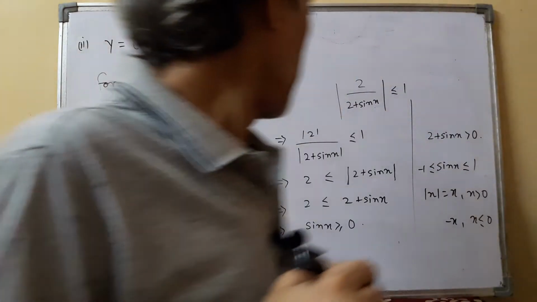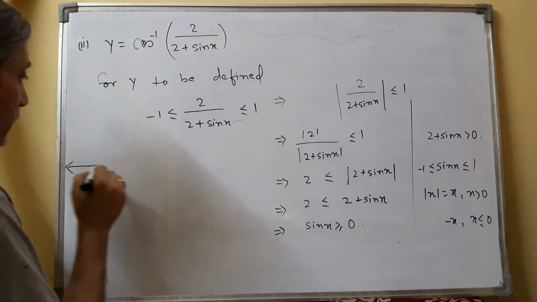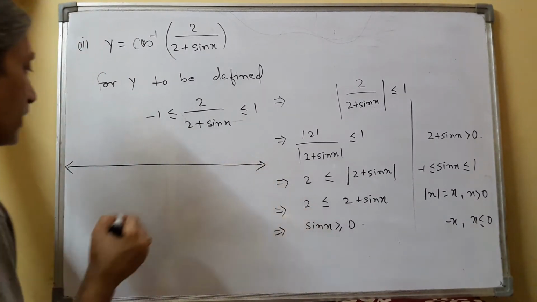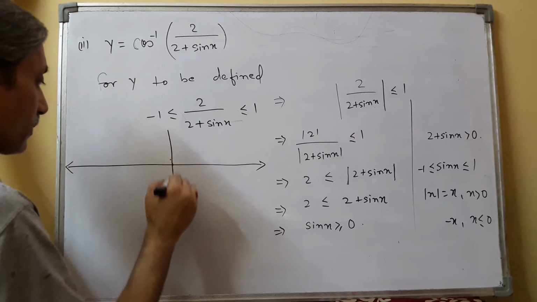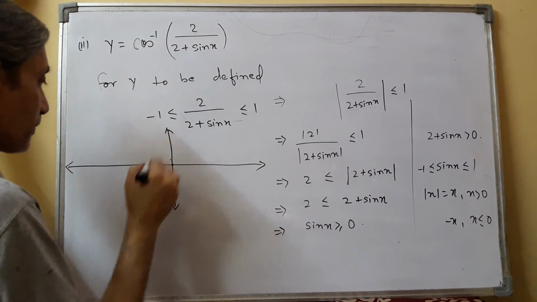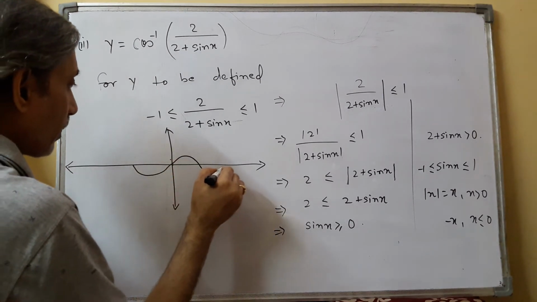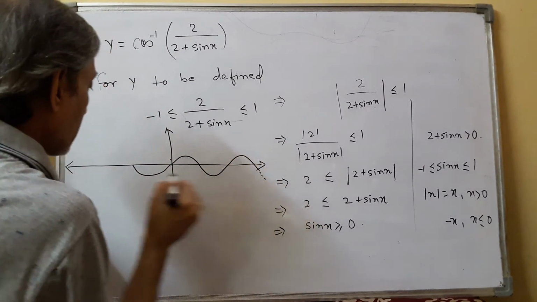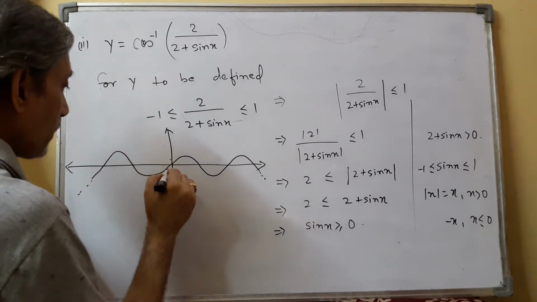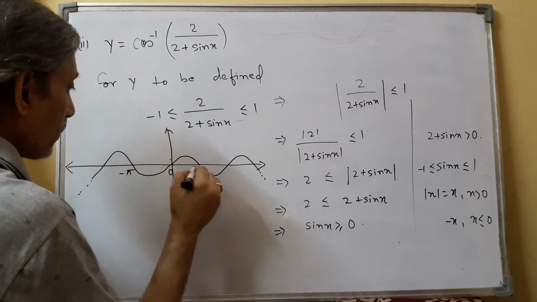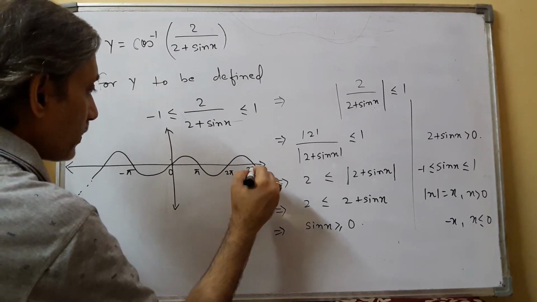To solve this, we will take the help of the graph of sine theta. I am just making a rough graph. It is pi, 2 pi, 3 pi.